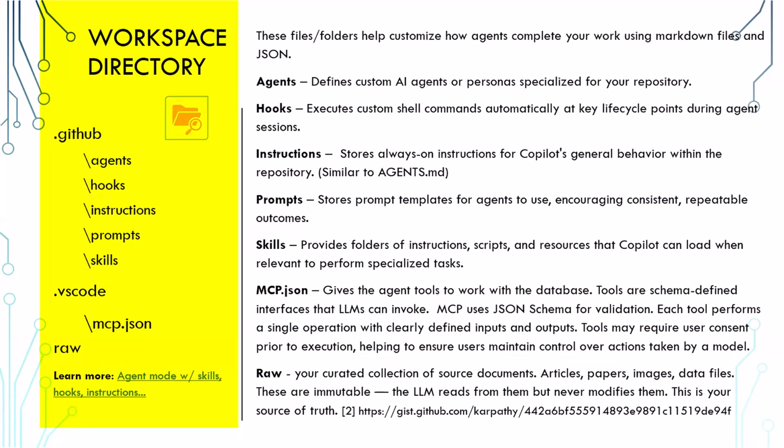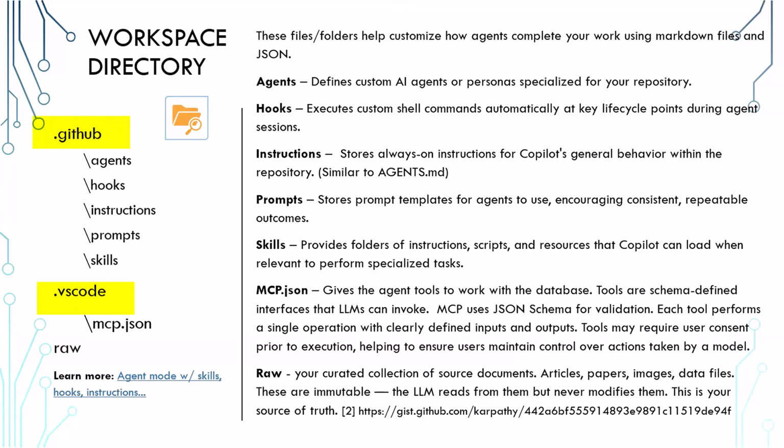What does a workspace folder setup look like? I said that you should set up a workspace and use it. In your workspace directory, you can have special folders, especially within VS Code. I'm sure within other platforms there probably is a similar schema, but within VS Code, you can have .github and .vscode folders.